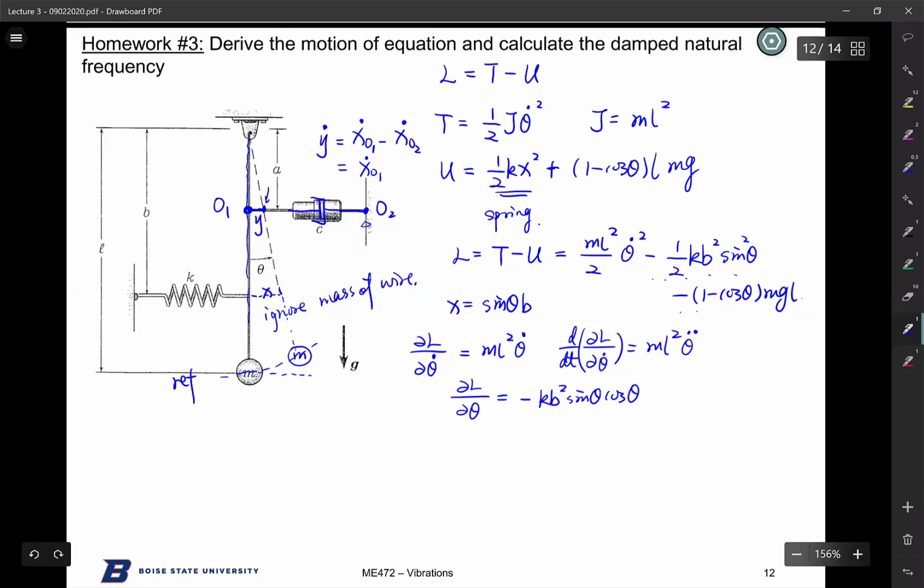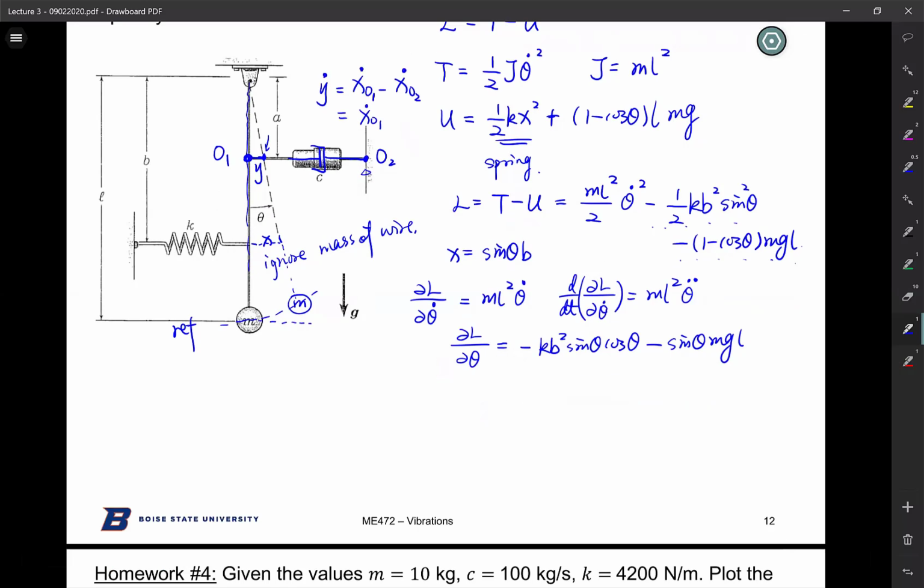Then we have to do it for the second term, which is minus sine theta mgL, because minus cosine theta becomes sine theta, and then there's a negative sign in front. Then we plug everything back into the Lagrange equation and get what's on the left-hand side.